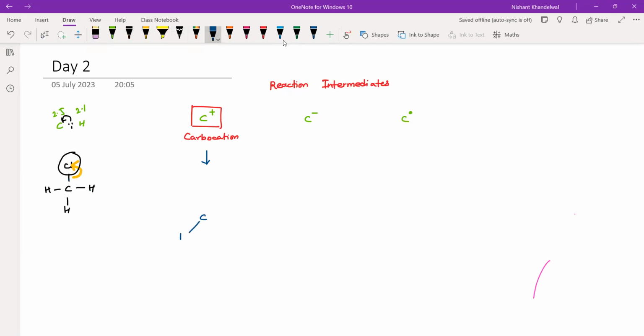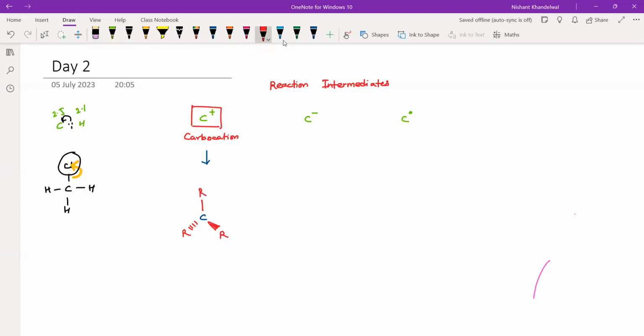So R is any alkyl group. Maybe hydrogen you can consider. Or you can draw it in a much better way like this, and this is the third one.